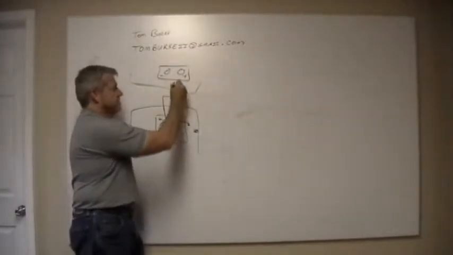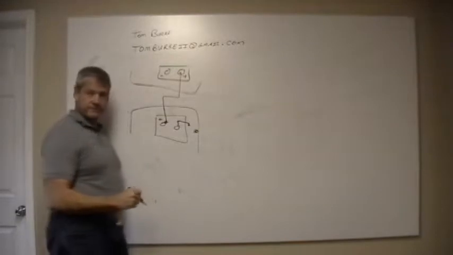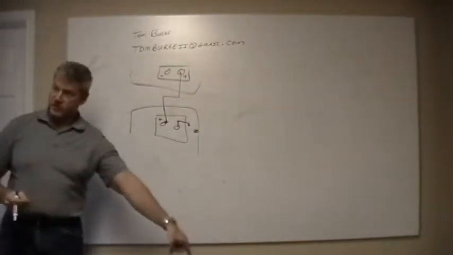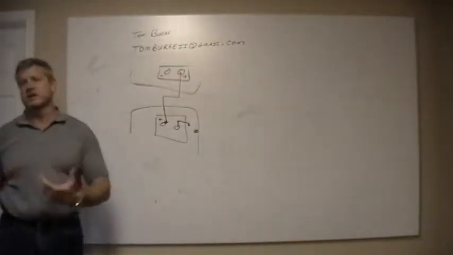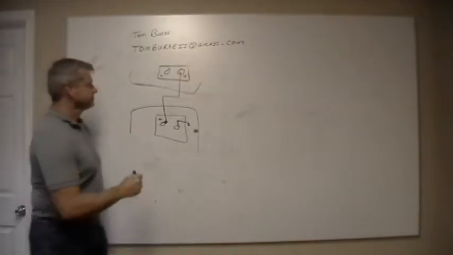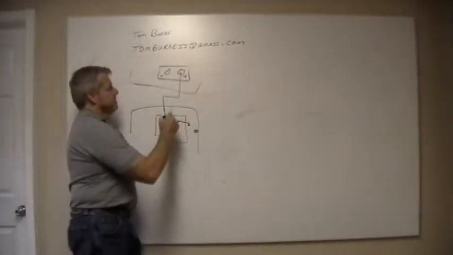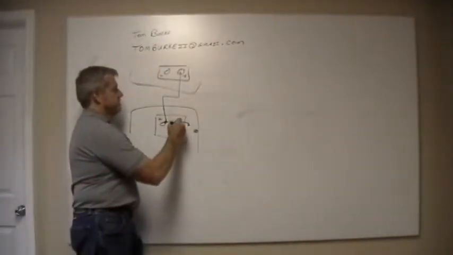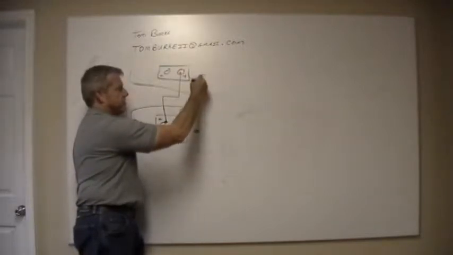Positive comes over here to positive on this side, because you're actually trying to put current into the battery. This is one of the few times that you parallel them on purpose. And then you connect the other end of the jumper cable over here.